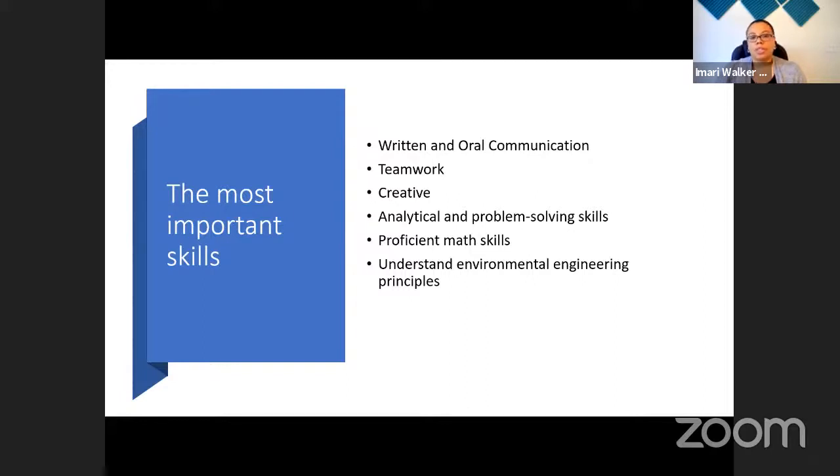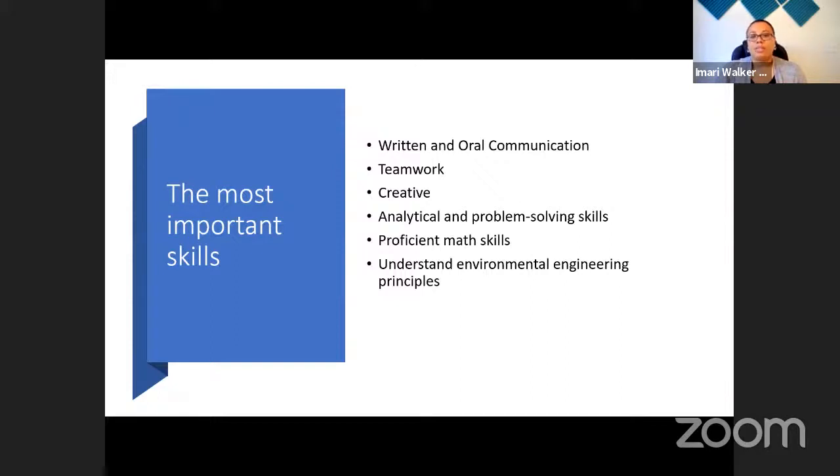You have to become proficient at being able to apply these formulas and make the right assumptions, because you are being the steward for us, for the environment, for our water quality, for our air pollution, for solving our big waste issues. So these are things that are very important to get right.